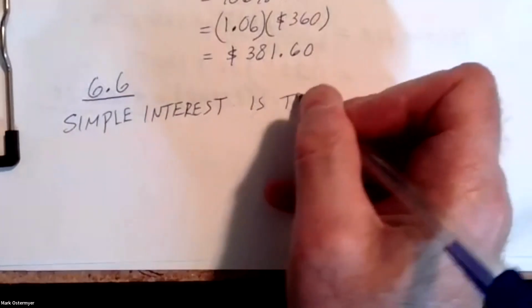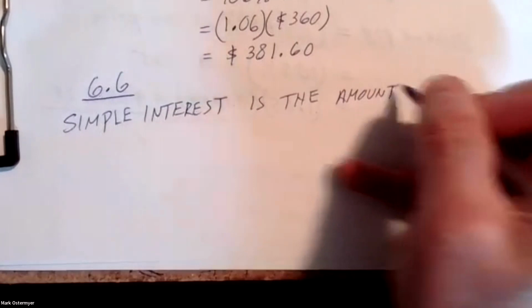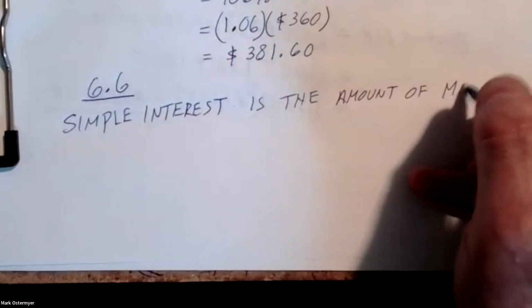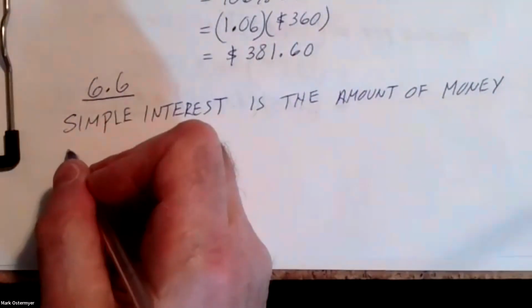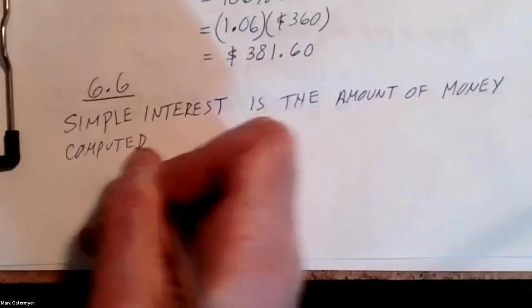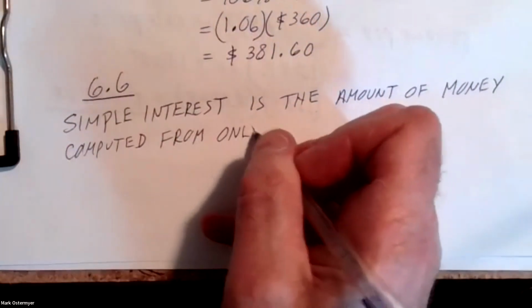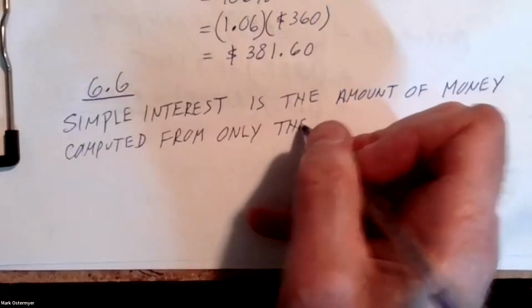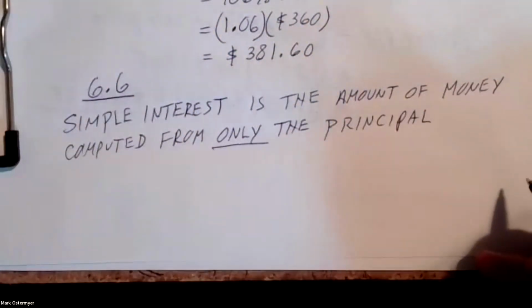is the amount of money, computed from only the principal. That's what simple interest is, ladies and gentlemen.